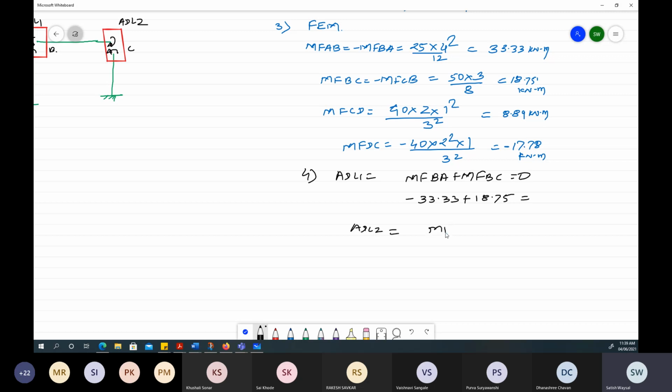ADL2 is equal to MF B to C plus MF C to D is equal to 0. So this value is equal to minus 18.75 plus 8.89.